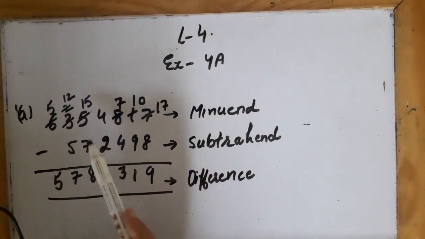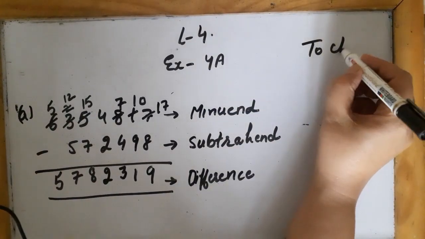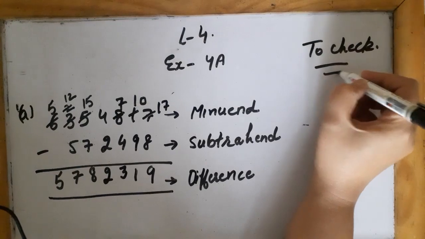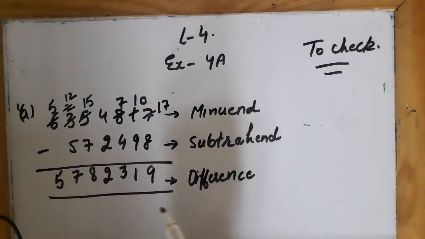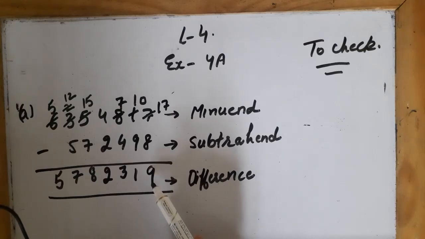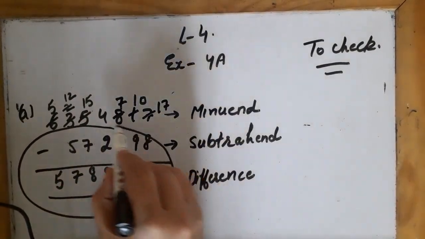Now this is how we subtract, and now they are asking you to check. Now in order to check, what I can do is, this difference which I have taken out and this subtrahend, these both I can add.